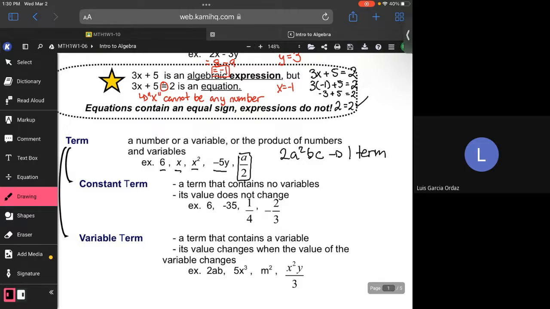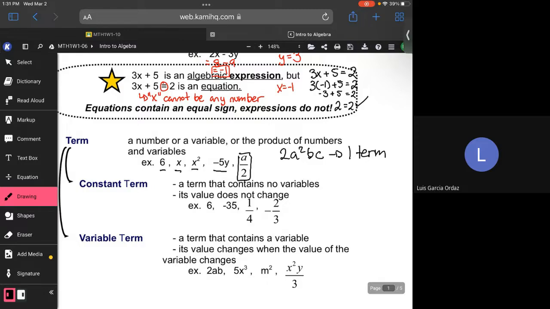When we talk about a term, there has to be an addition or subtraction splitting that identifies that we're going on to the next term. So in order for us to determine when a term starts and ends, it's determined on if it's being added or subtracted by something. This is one term because there's nothing being added to it after.